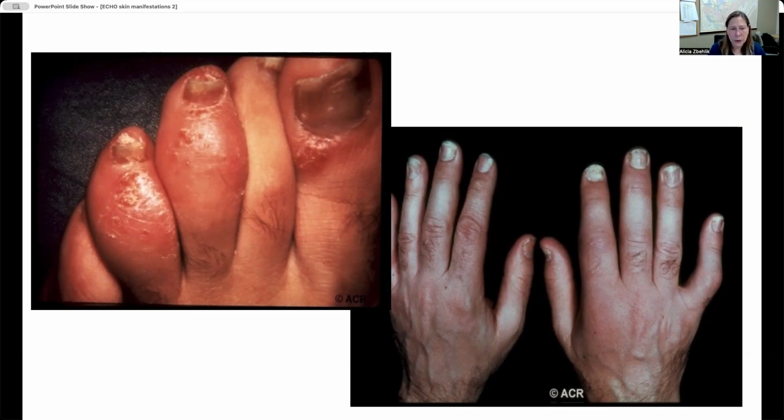But these are examples of dactylitis, where you see them kind of massively swollen toes and fingers, often in this kind of ray-like distribution where there's two fingers that are swollen next to each other, and then it kind of skips a finger there. But this is a very painful and often a very destructive version of arthritis.